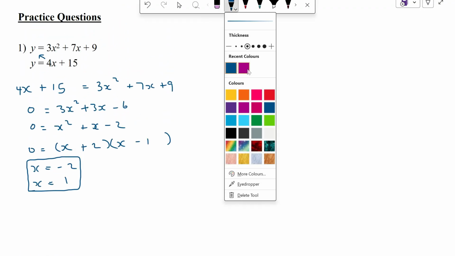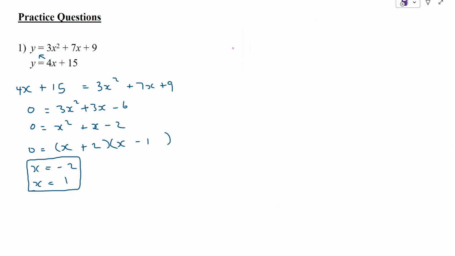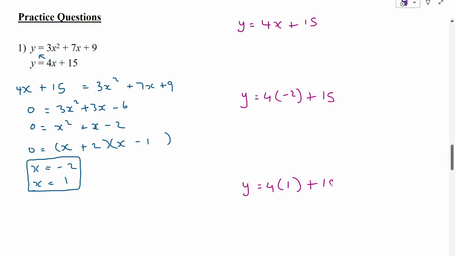So now let's work out the corresponding y values. So y equals 4x plus 15. So we're going to have one y value when x equals minus 2, and one y value when x equals 1. So this equals minus 8 plus 15, so equals 7.